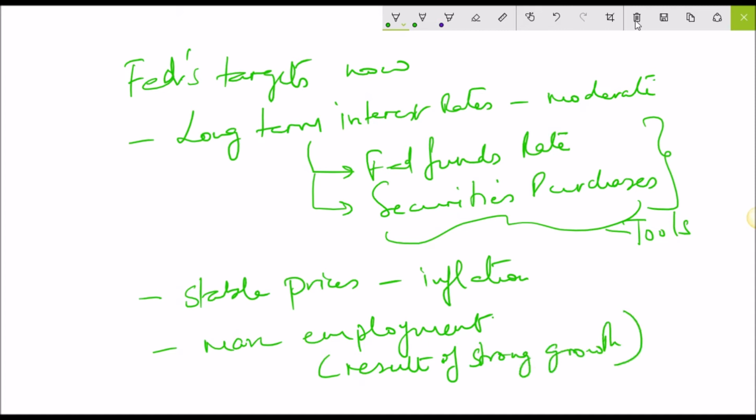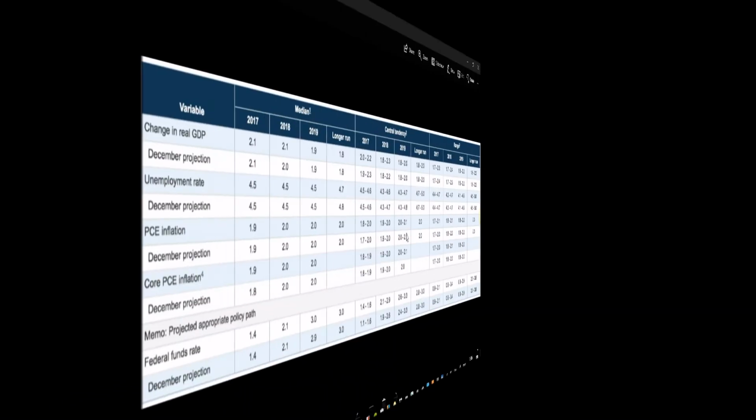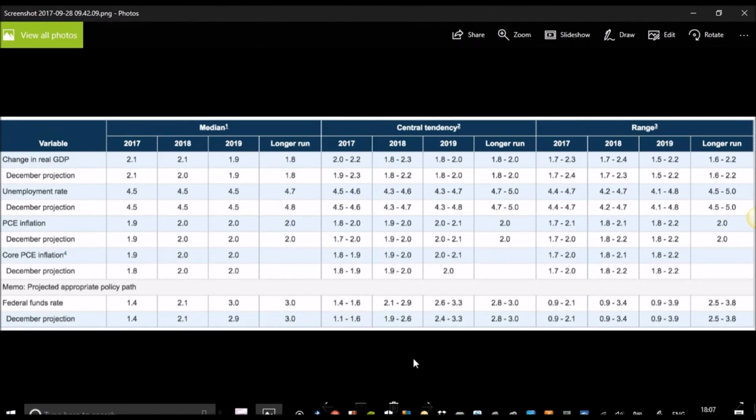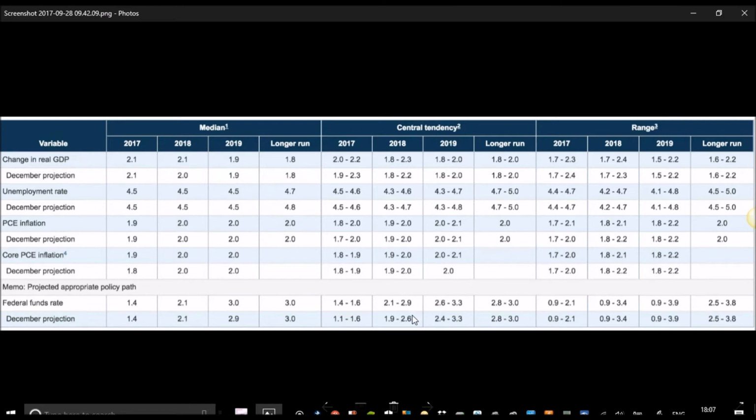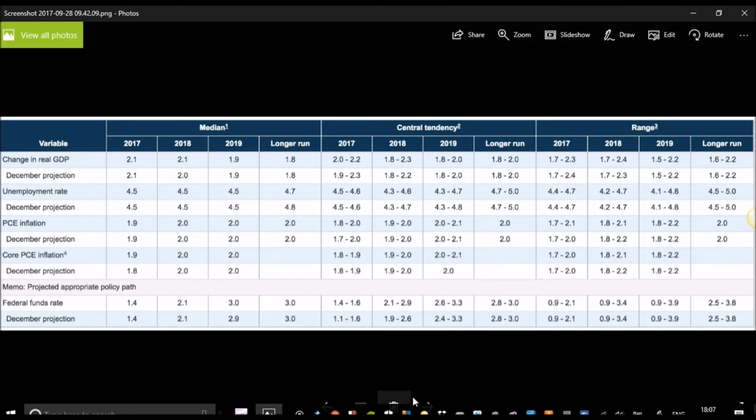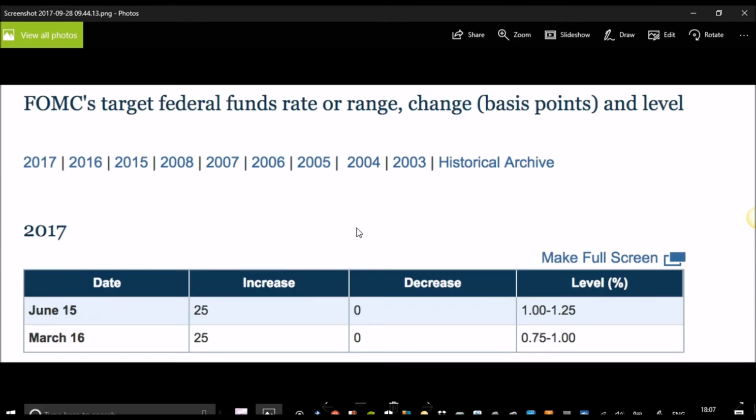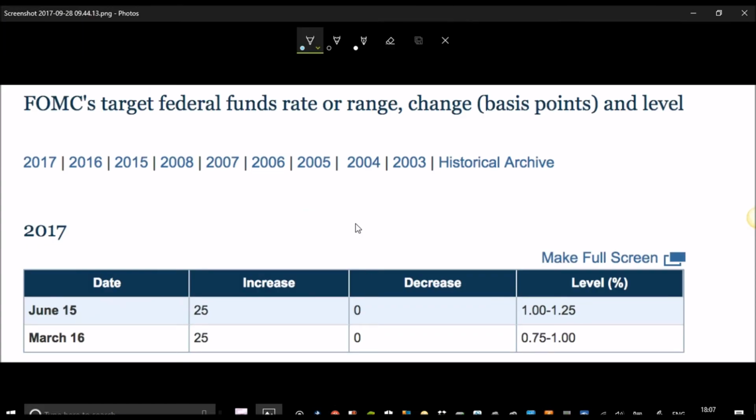While these objectives remain almost constant over the years, the tools and approach to implementing the policy have changed. Now, in order to achieve these targets of stable prices and moderate long-term interest rates, the Federal Reserve Board now sets the target for the Fed funds rate.